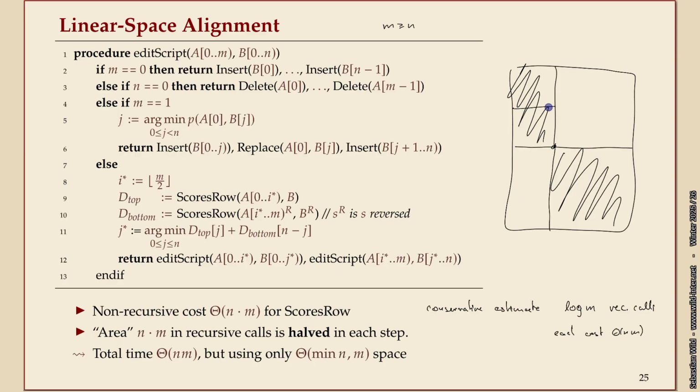So the next one will split somewhere here. So again, you're zooming in on a smaller and smaller part. And so the total size of all these parts sums to nm. So the total cost is really nm, which is the same in terms of asymptotic theta class as we had for the more space inefficient version. But we, at all points in time, only need a single row, or two rows of the matrix. Constant number of rows.